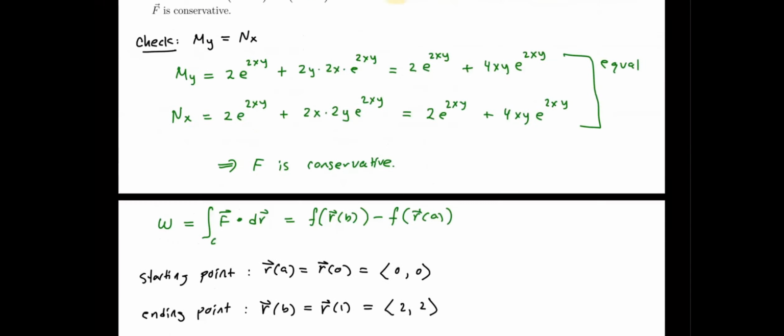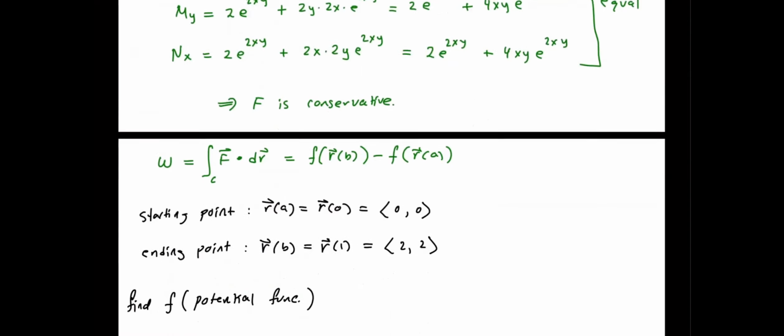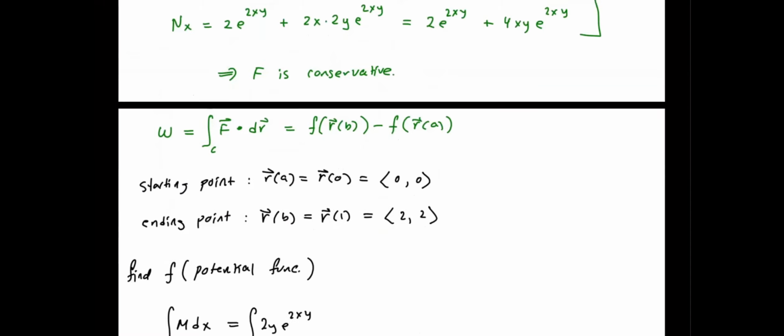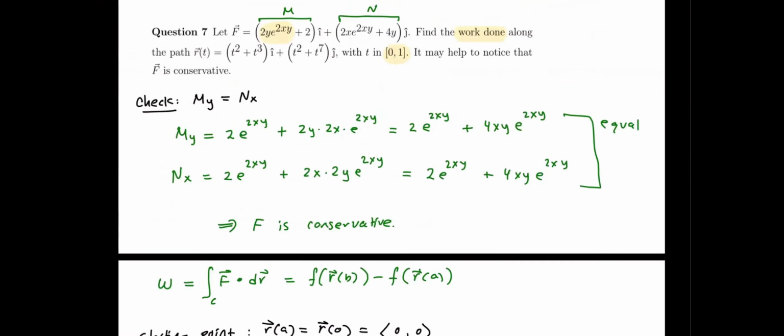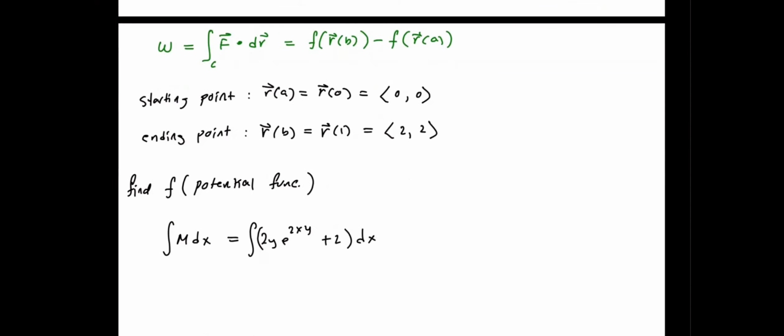For this problem, our component M is right here, 2y e to the 2xy plus 2. We integrate this with respect to x, and y is treated as a constant.